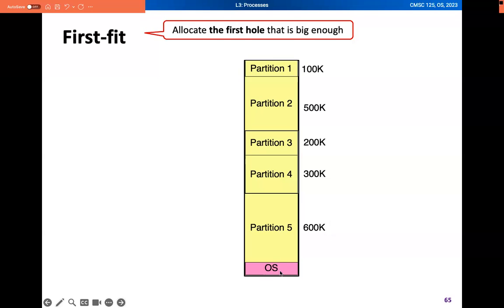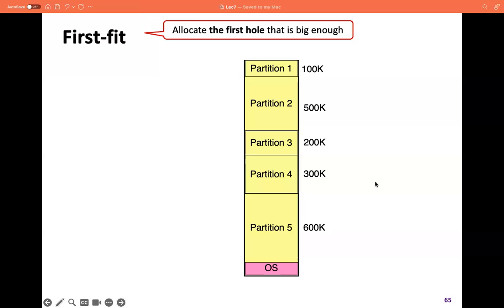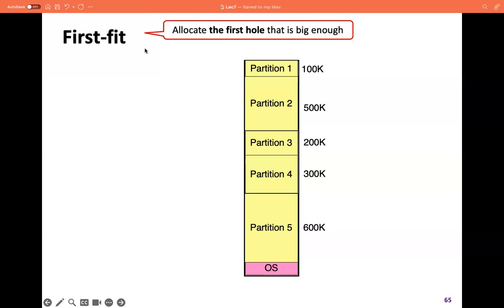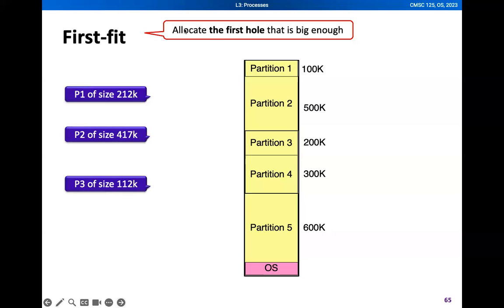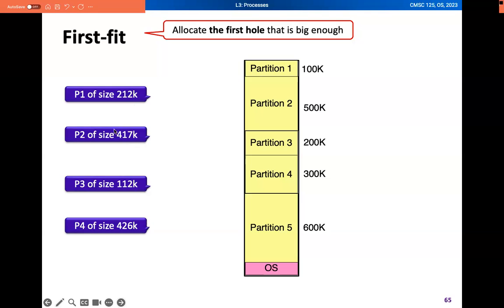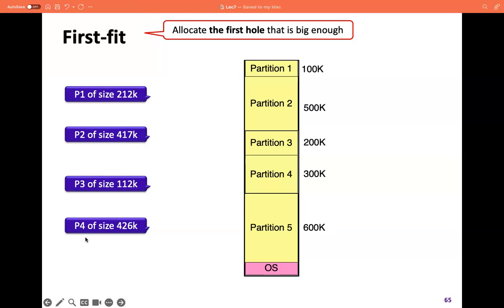And of course, we also have a space allocated for the OS. Now, if this is the definition of the first fit algorithm, how are we going to allocate these processes P1, P2, P3, and P4 of sizes 212, 417, 112, and 426?